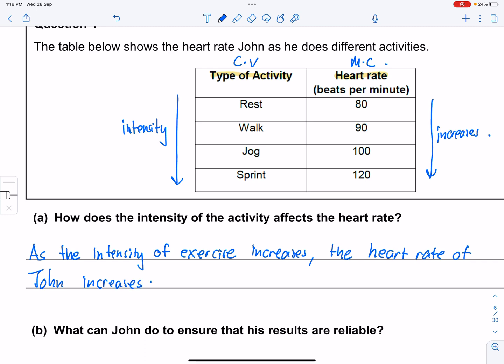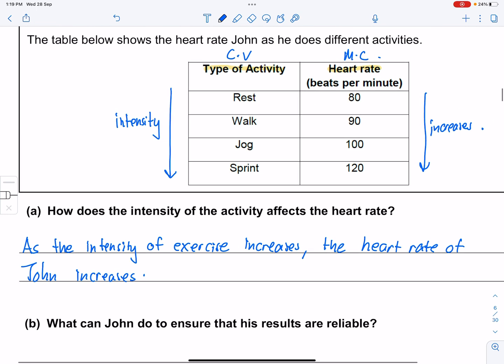Okay? So what are the keywords? Increases, and then this is your change variable, measured variable.